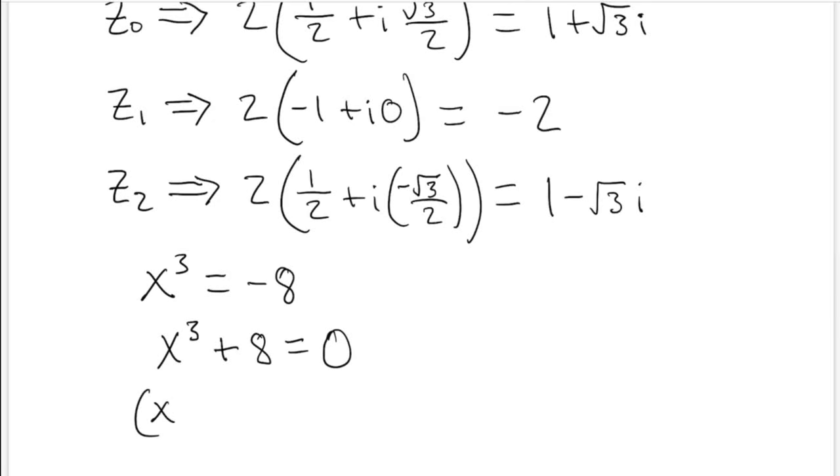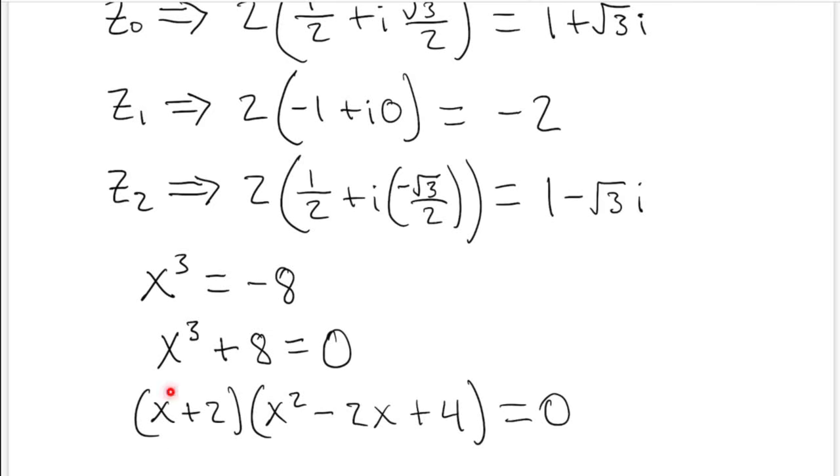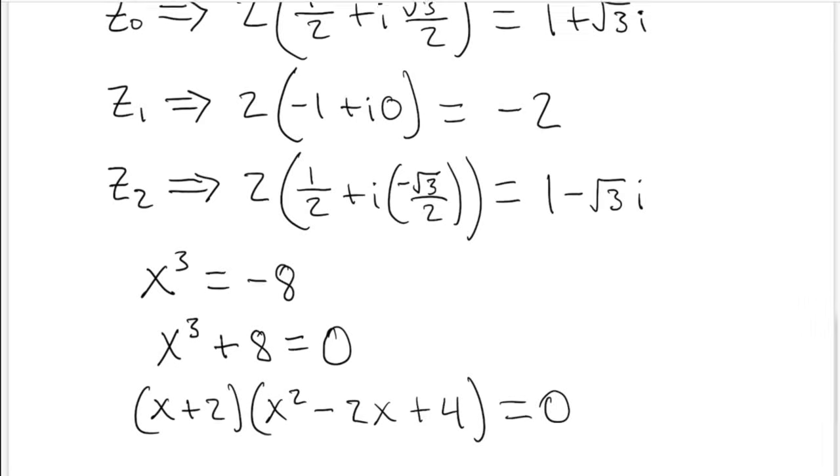So if we factor this, we have x plus 2 times x squared minus 2x plus 4 equals 0. Same, opposite, always positive. When we set this part equal to 0, we get our -2 root. And when we set this trinomial equal to 0 and solve, we get that complex conjugate pair, right? We're going to have to use the quadratic formula, and we're going to get 1 plus or minus root 3 i. So pretty cool to relate it to stuff that we've already learned about from algebra.